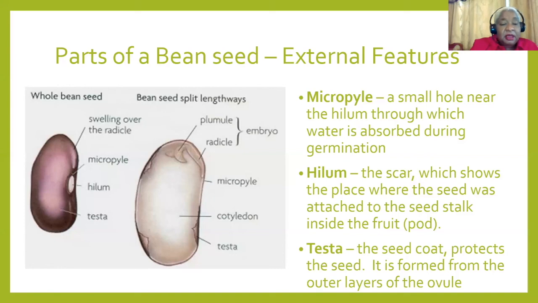The hilum is where the bean seed was attached to the pod, and you have the tester covering it. In red kidney beans, the tester is red. Pigeon peas, once they dry out, the tester is brownish. Before they dry out, you have the greenish color.